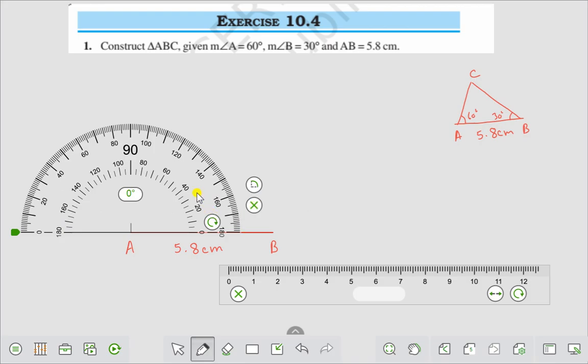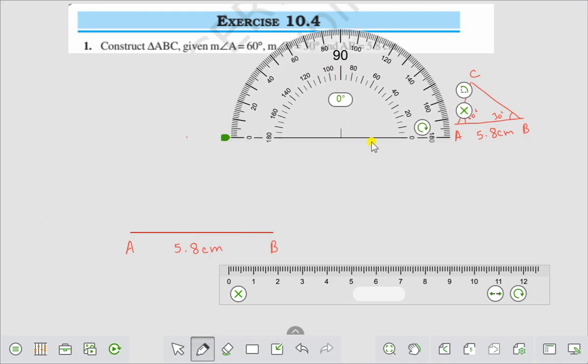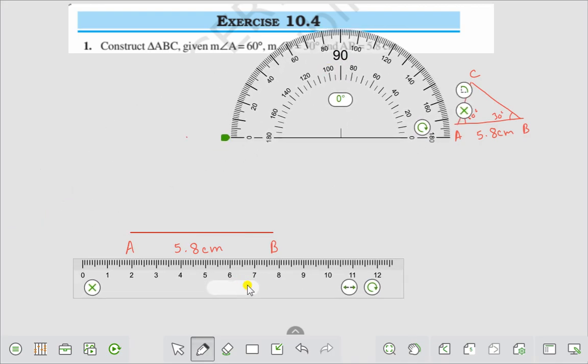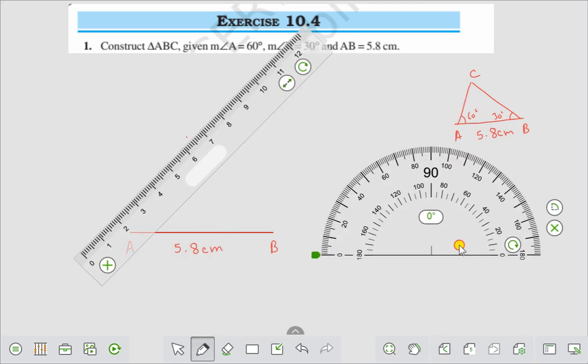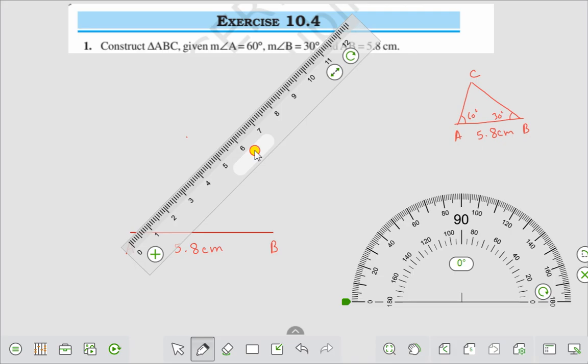Here you see this is 20, 40, this is 60 degrees. Make a point here. Now, with the help of the ruler, join this line.